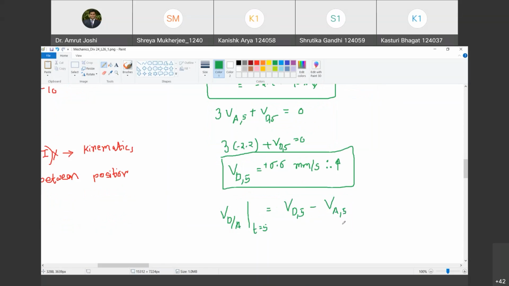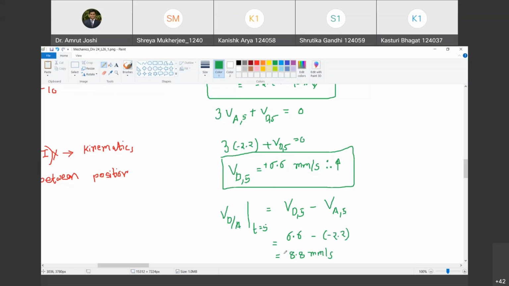This we have proved in the last class. Are you with me? Yes, sir. So how much is that? With sign you have to substitute. Yes, sir. 6.6 minus minus 2.2. So how much is it? It is 8.8 millimeter per second.